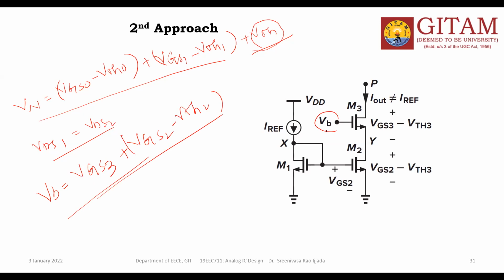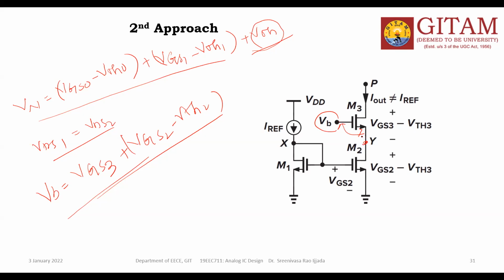So what is VGS3? VGS3 is nothing but the gate to source voltage of this transistor. And VGS2 minus VTH2 means this node voltage.